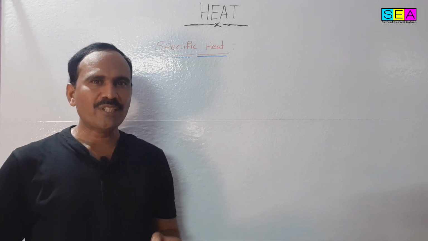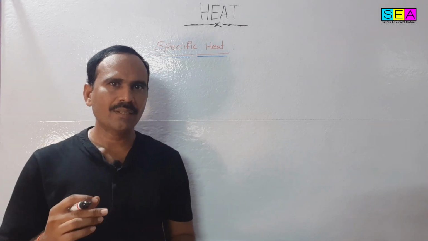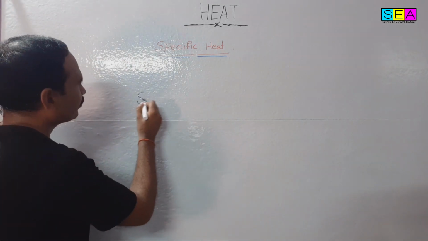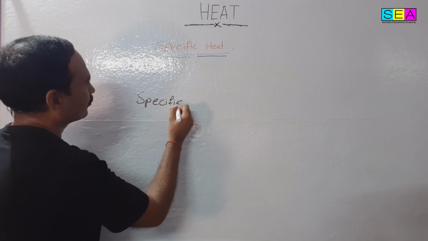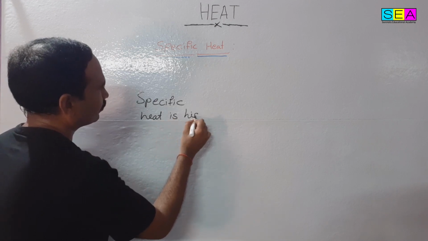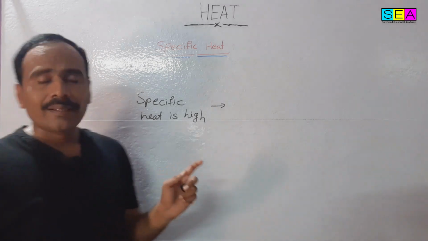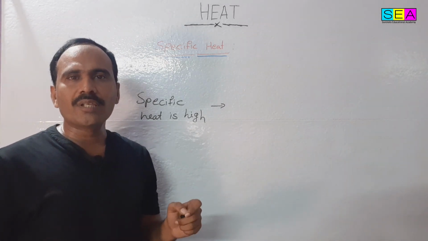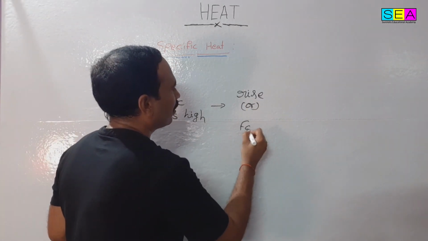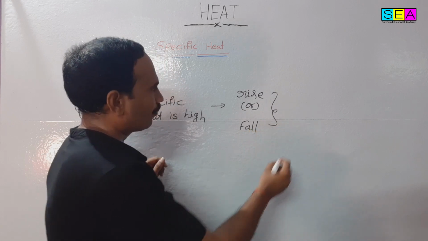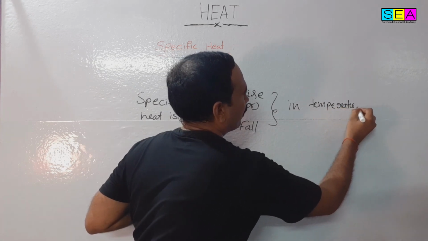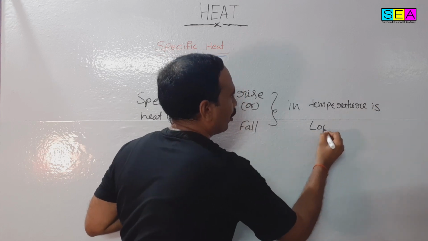If the specific heat of the substance is high, for example, if one object's specific heat is high, then the rise or fall in the temperature is low.